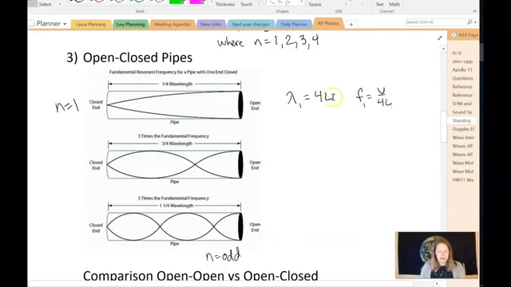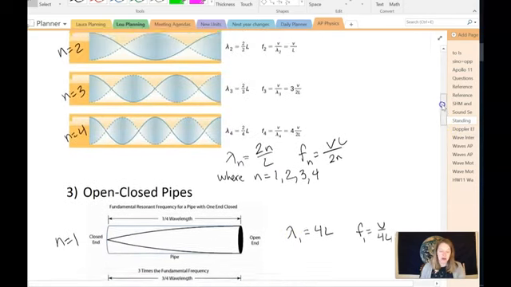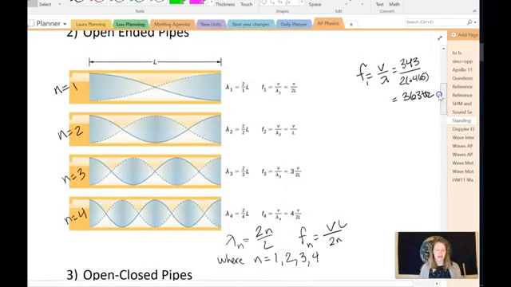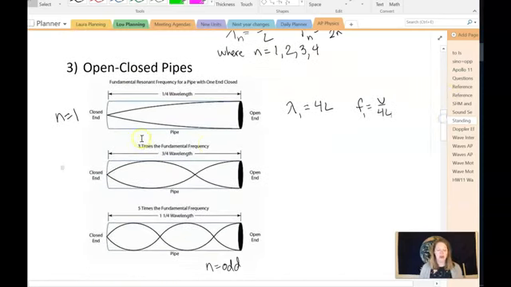And what's a little weird is, while before the harmonic number was the number of fundamentals that fit in the tube, so like there's 2 half wavelengths in our second harmonic, if I had 2 of the fundamentals here, that can't actually be created when we have one open end and one closed end.